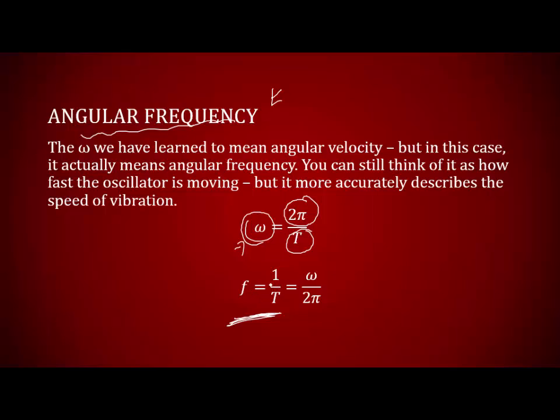So that means that frequency could be equal to omega over 2 pi, because 1 over period would be the inverse of that. So that's what this relationship would be. Or we can say period is equal to 2 pi over omega.